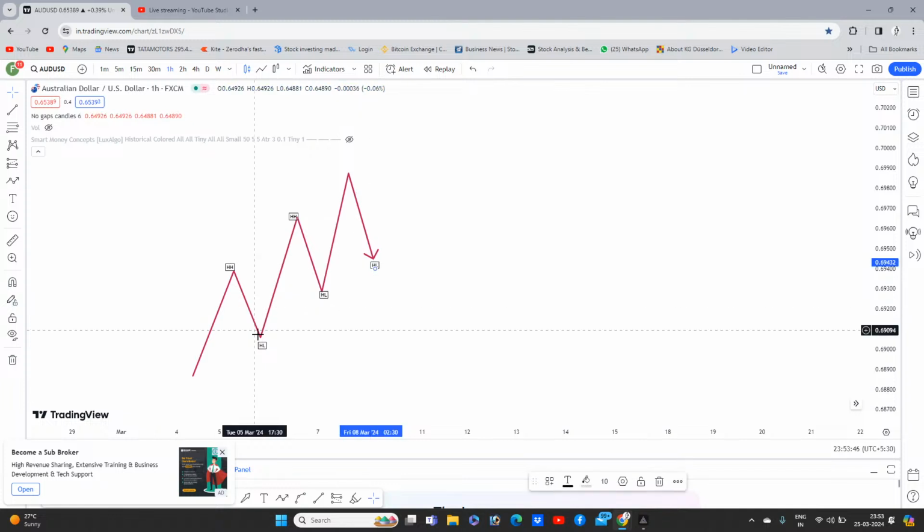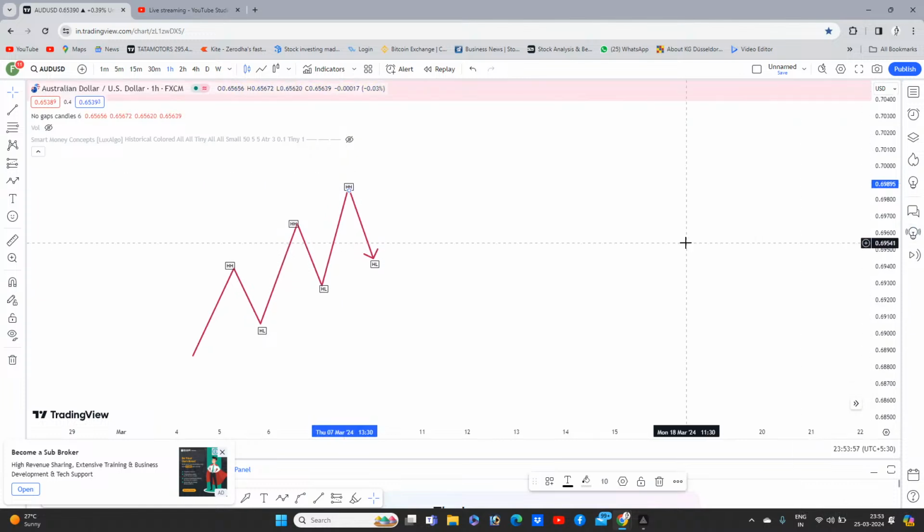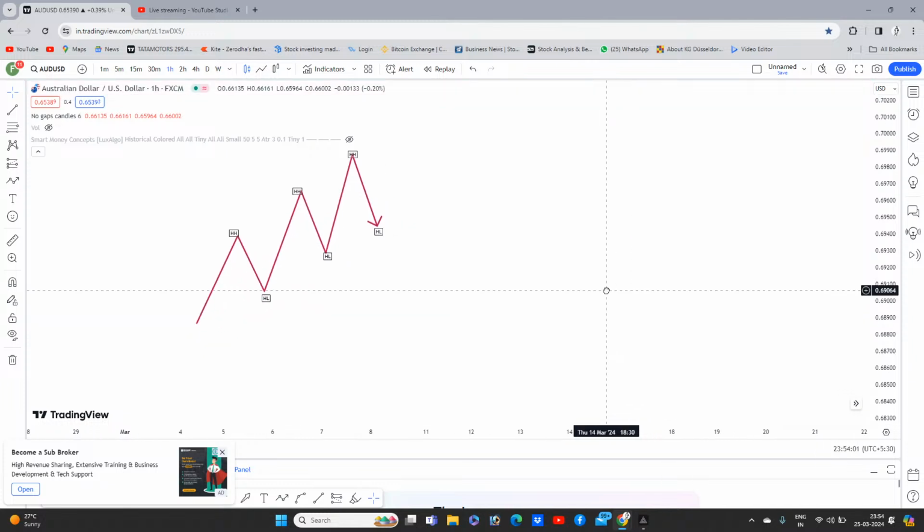So we have learned that the market is moving like this, but when we see the original structure which is occurring in the market, and we'll see it shortly, we'll see that the market is not forming the same structure which is being taught in the book.